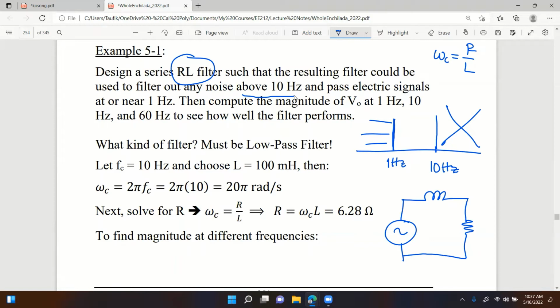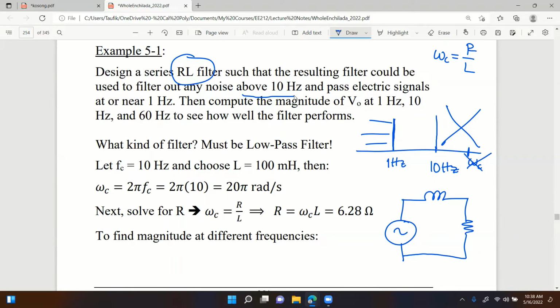For sure, it's not going to be above 10 hertz, because we want to block any signal at 10 hertz and above. So you don't want to pick your omega C over here. That's going to be the wrong omega C to choose.